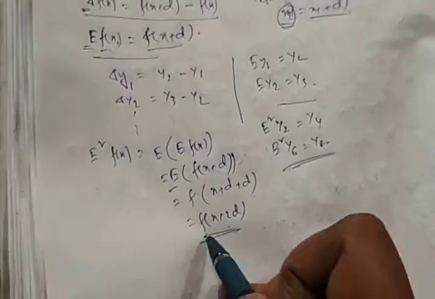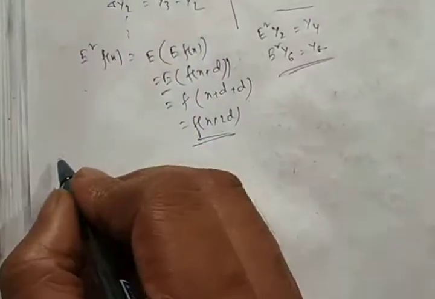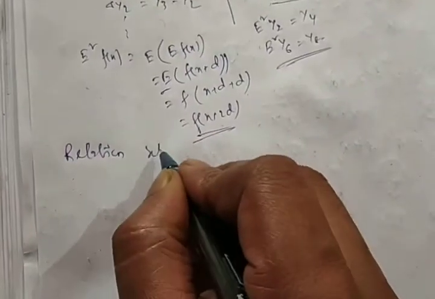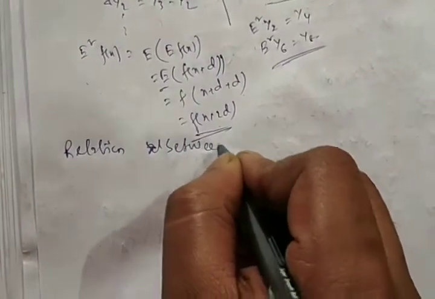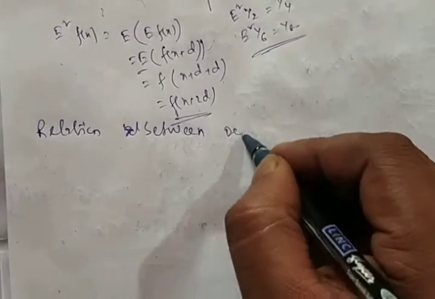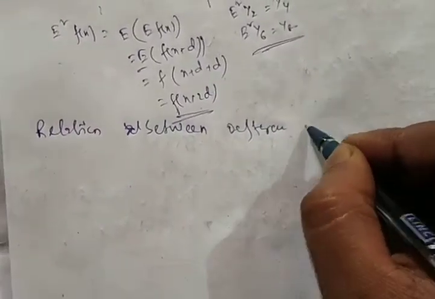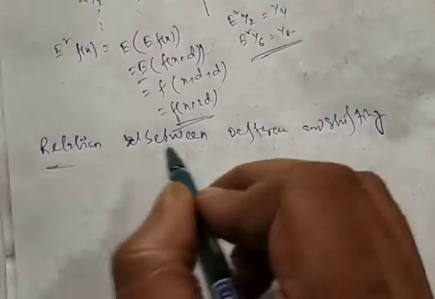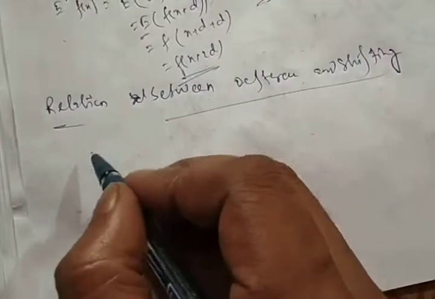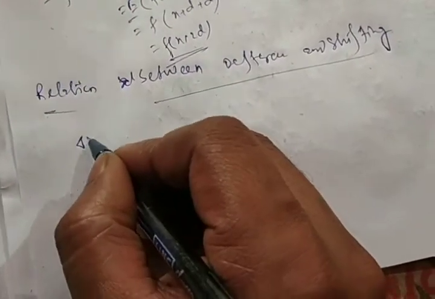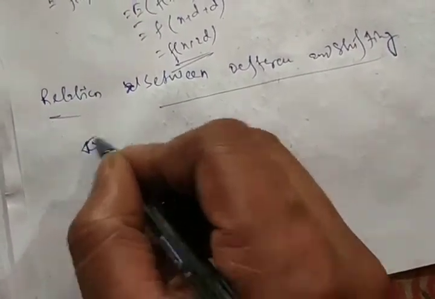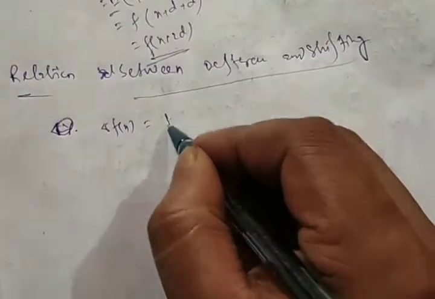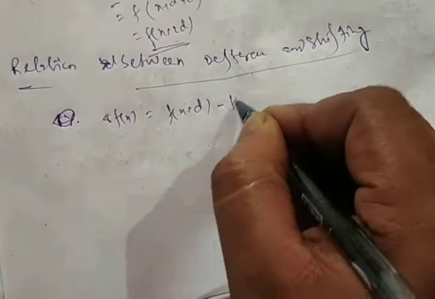So using this property we will find a relation between the difference operator and the shifting operator. We have delta of f x equals f of x plus d minus f of x, right?